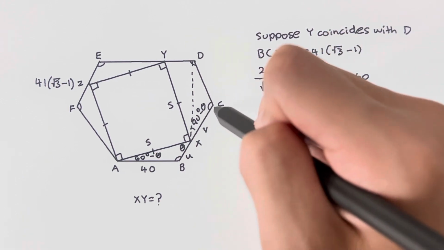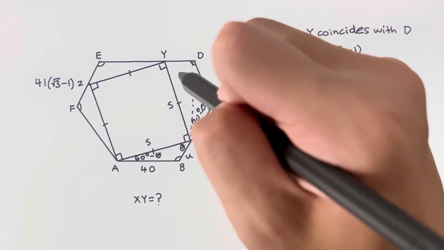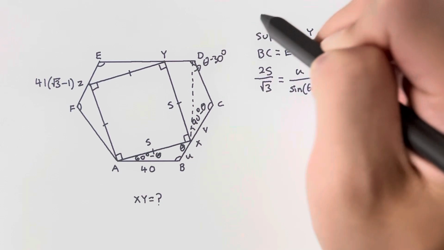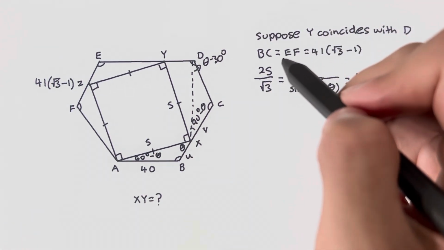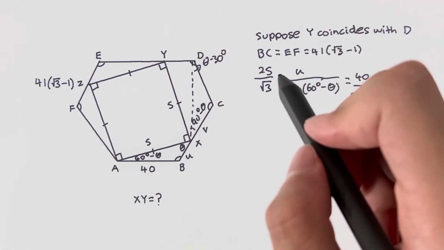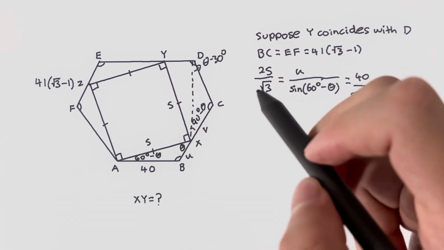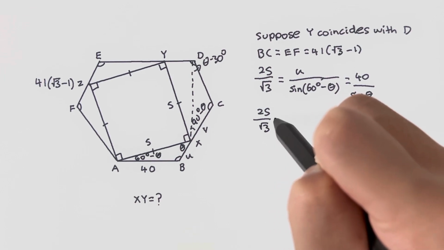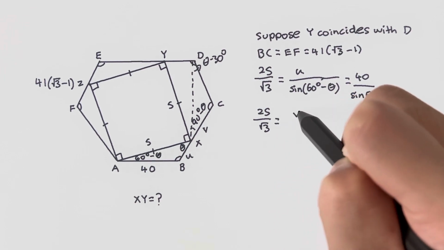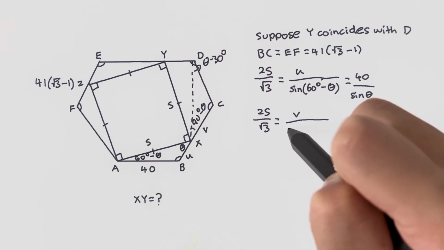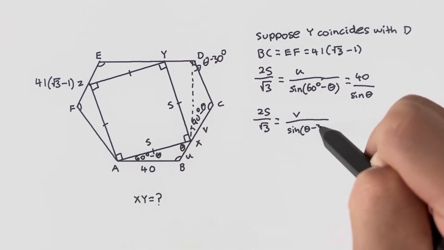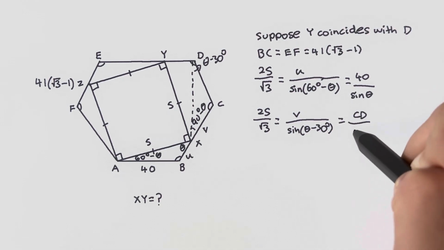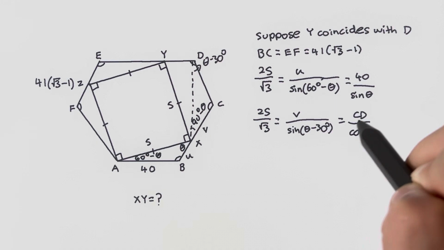And angle CDX will be theta minus 30 degrees. So then in triangle CDX, 2s divided by square root 3 equals V divided by sine of (theta minus 30 degrees), equal to CD divided by cosine of theta.